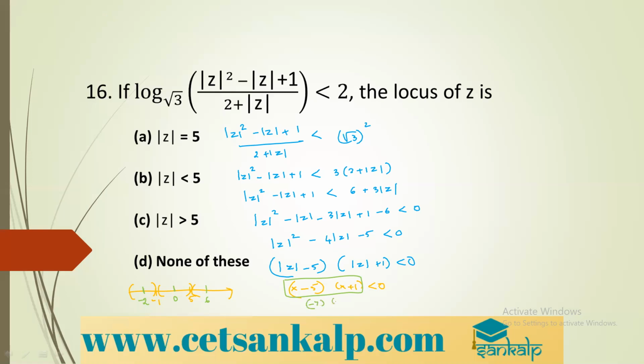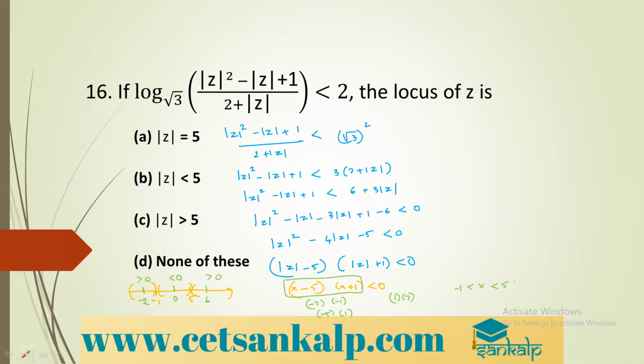Minus 7 into minus 1. This is not less than 0. It is greater than 0. If I put 0, what I will get? Minus 5 into 1. Yes, this is less than 0 here. And then if I put 6, what I will get? 1 into 7. This is not less than 0. Greater than 0. So I can say x will lie between minus 1 and 5.